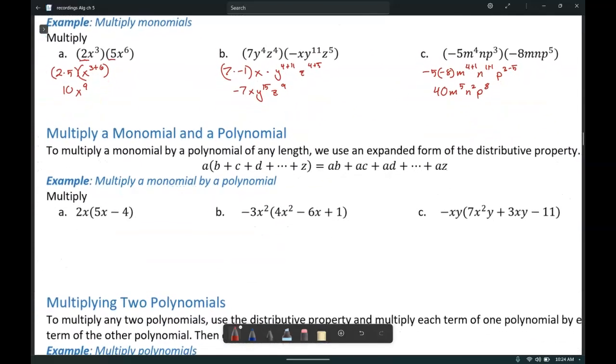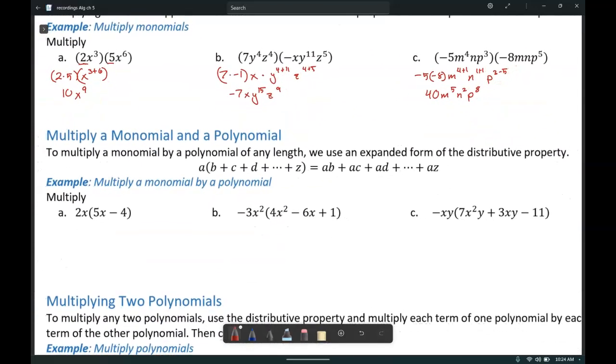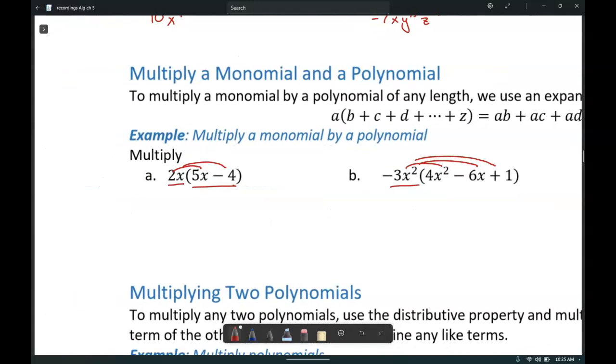Now when we multiply a monomial by a polynomial, we'll be doing the same idea where we're multiplying and applying our exponent rules, but we also have to apply the distributive property. When we're multiplying a monomial by a polynomial, every term inside the polynomial gets multiplied by that monomial. So we are distributing the monomial across the polynomial.